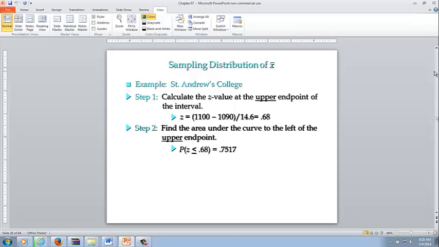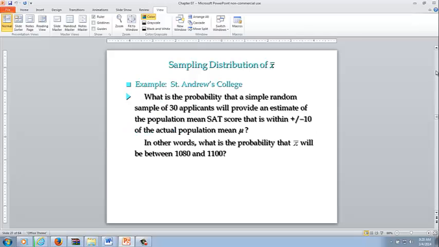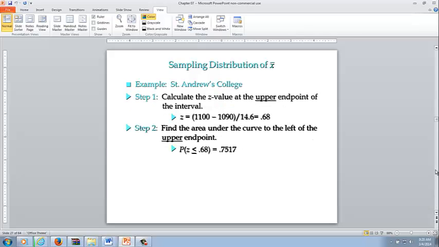Hence, we know that the sample mean x bar is normally distributed, and anything that's normally distributed, as you remember from chapter 6, can be converted to standard normal. So as you remember from chapter 6, in order to calculate the probability of a normally distributed variable being between two values, we first calculate the upper bound and then the lower bound.